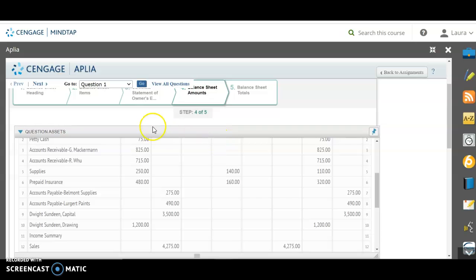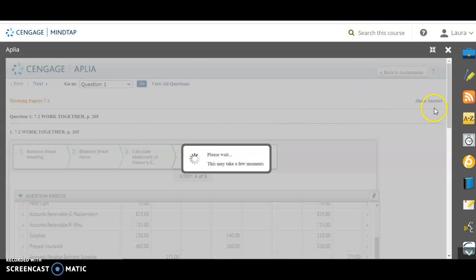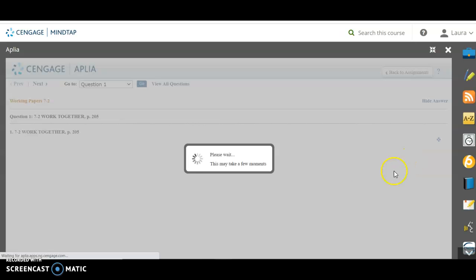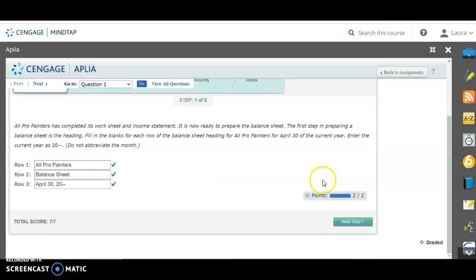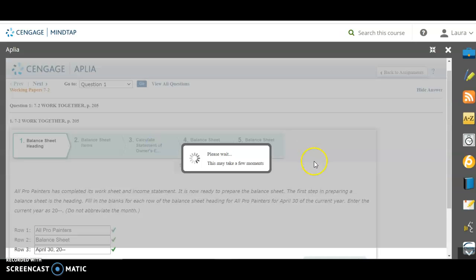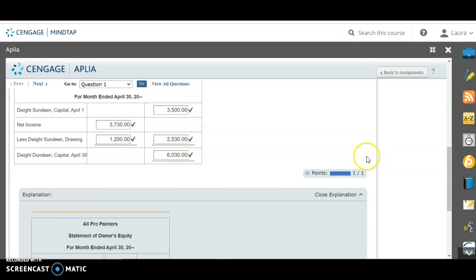So I'm just going to quickly go back to that step and show you the answer to that so we can recall what that amount was for step number 3, and it's right here. So that ending capital is $6,030. We figured out the new capital based on the income that we received and the drawing that the owner took out. So the balance of capital is 6030.